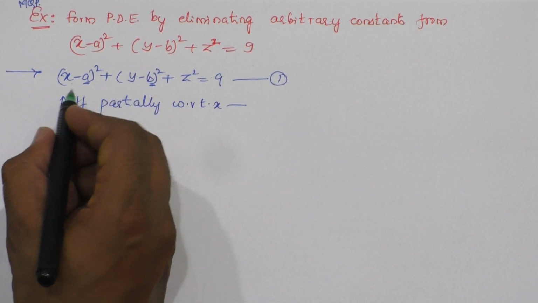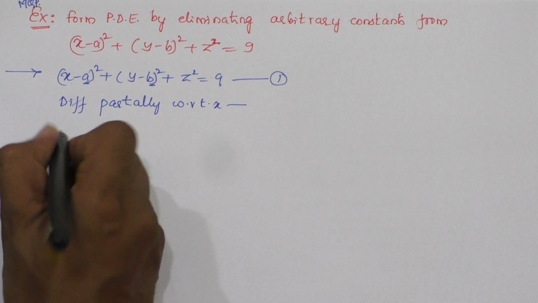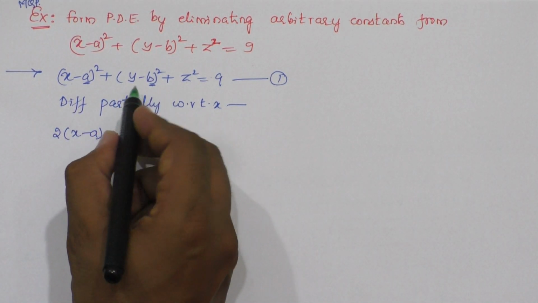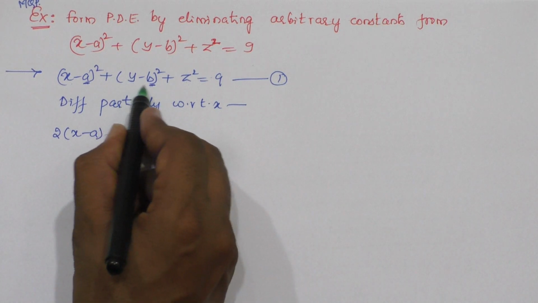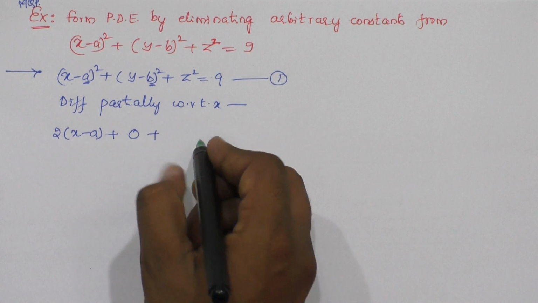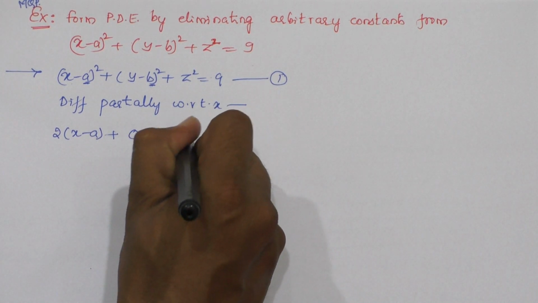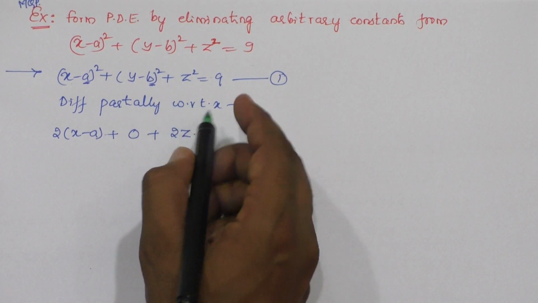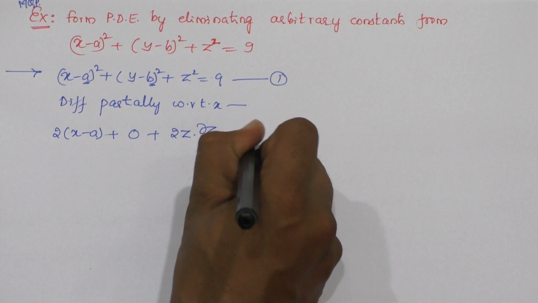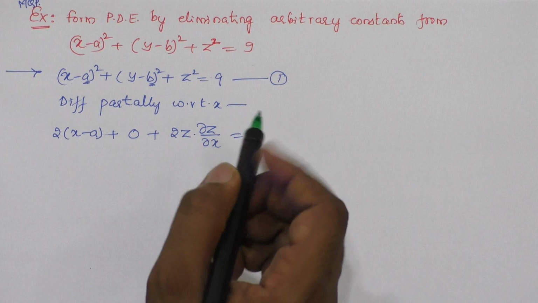When you differentiate (x minus a) whole square, we get 2 into (x minus a), plus the y minus b term, which is constant with respect to x, whose derivative is 0. Z square differentiates to 2z, but z is a function of x and y, so 2z ∂z/∂x, equal to 0, since the derivative of 9 is 0.